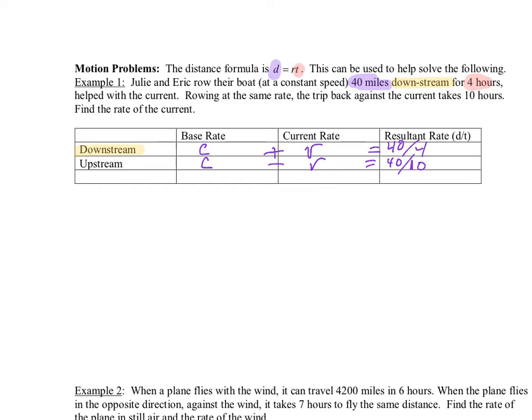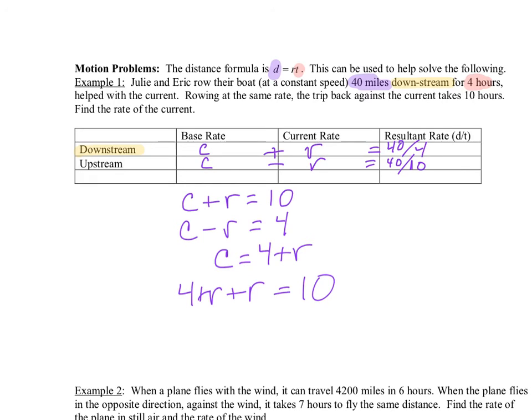All right, so we'll write these out here. We have C plus R equals 10, 40 divided by 4. C minus R equals 4. All right, so now what we have is, I'm going to make C equals 4 plus R. So 4 plus R equals 10.